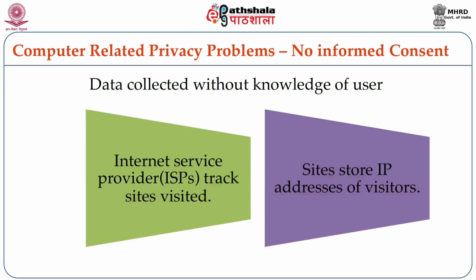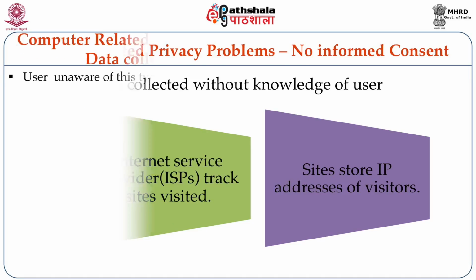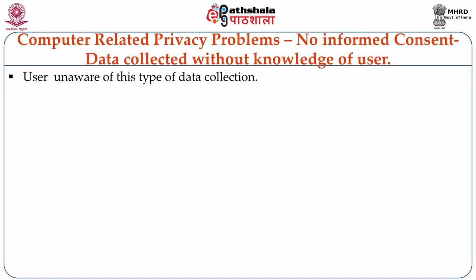ISPs track sites visited. Some sites keep the IP address of each visitor to the site. Now the users are not aware that the internet service providers are storing the data, so they cannot be said to have given informed consent.